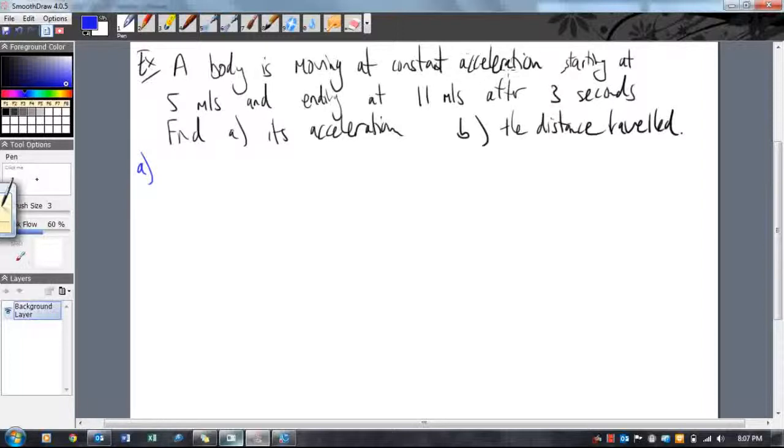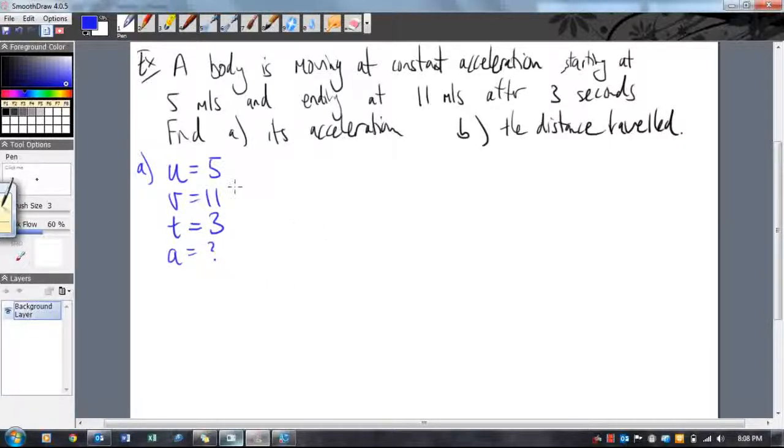It's moving at constant acceleration, so we can use the SUVAT formulas. Initial velocity u is equal to 5, the final velocity v is 11 meters per second, and the time is 3 seconds. What we want to find first is acceleration, so a equals question mark.